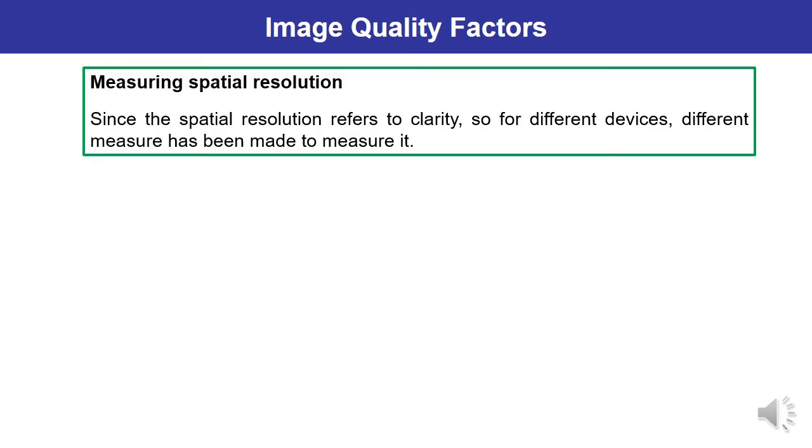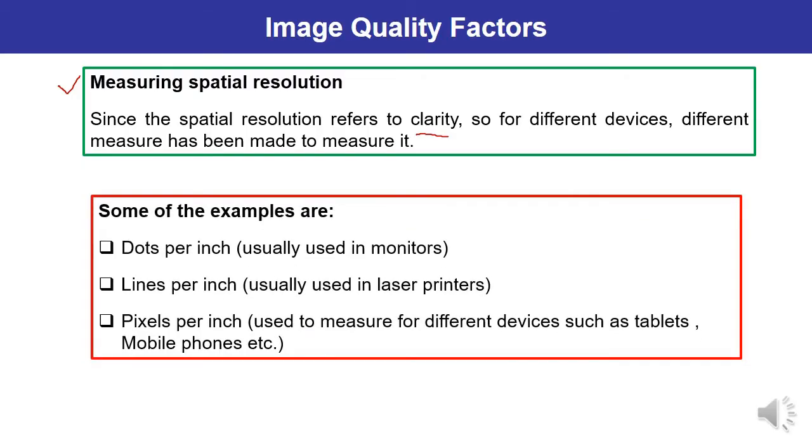How to measure the spatial resolution? If any image is given, how will we be able to evaluate whether the spatial resolution is adequate or not? Since spatial resolution refers to clarity, for different devices, different measures have been made to calculate it. Some examples are: first, dots per inch, which is usually used in the case of monitors.